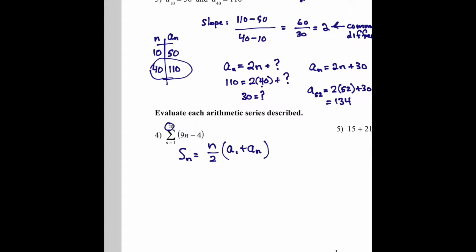So the first term, if you plug in n equals 1, is 9 minus 4, so that's 5. The last term, if you plug in n equals 20, 9 times 20 is 180. 180 minus 4 is 176.